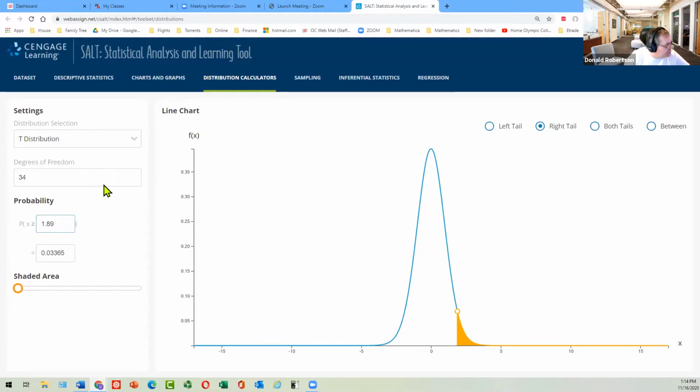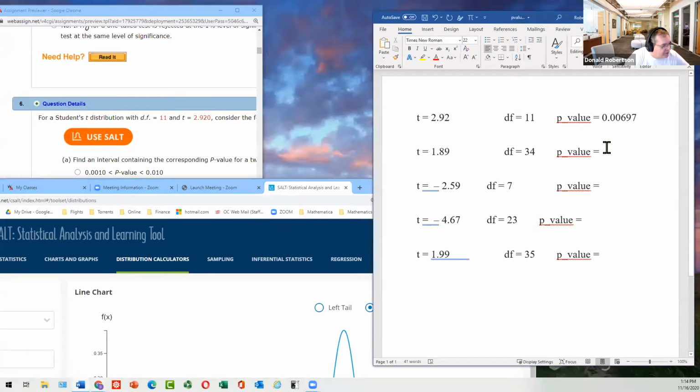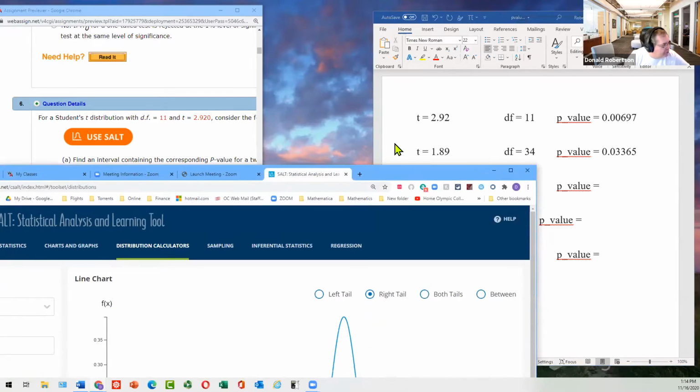And then when we click off, there's our answer. Are we good with how I'm doing this? I mean, I have to move a fair number of windows around, but hopefully it's not too bad.